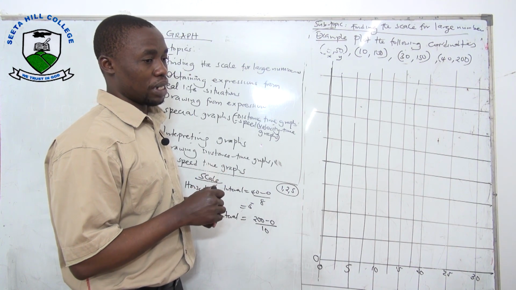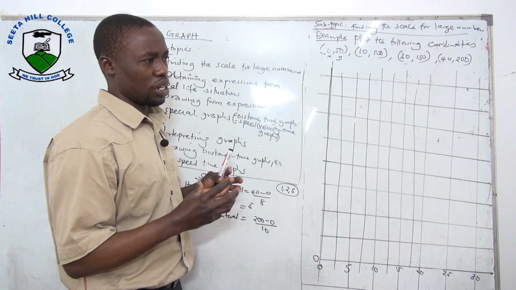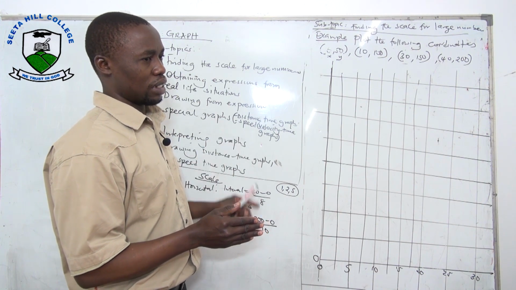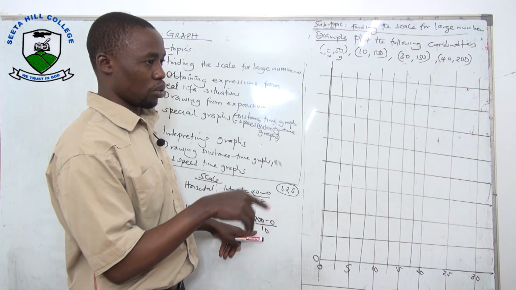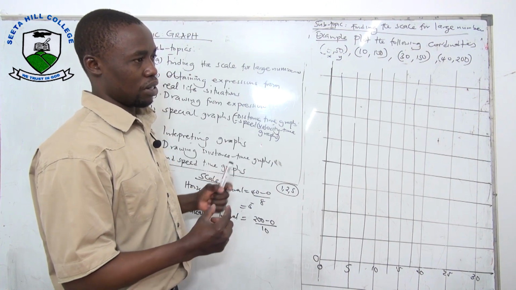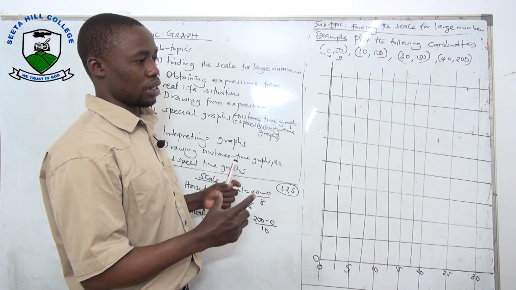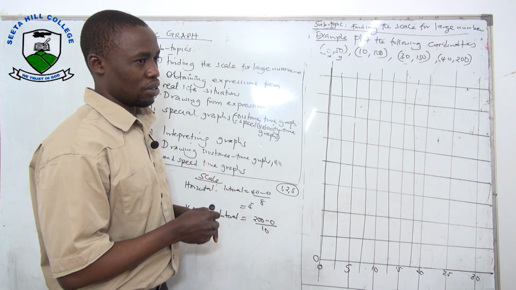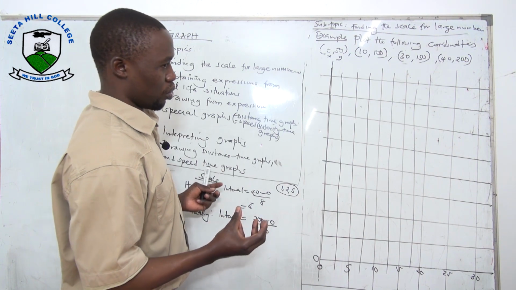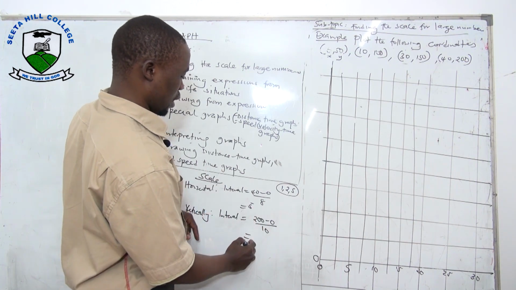A standard UNEB graph paper has about 8 and 9, not necessarily 10 here, but our normal books use 10. UNEB graph paper is a bit narrower, a bit smaller than this. It uses 9 and 8. You try to count. What do you get? 20.